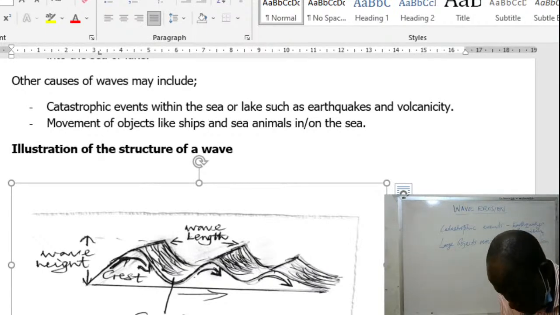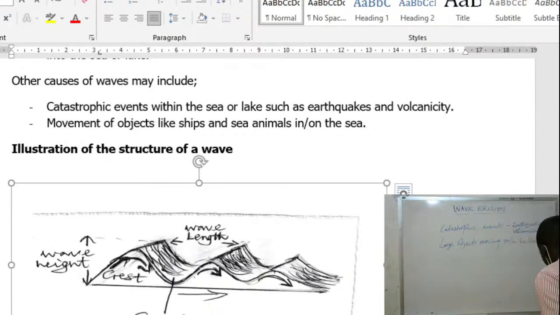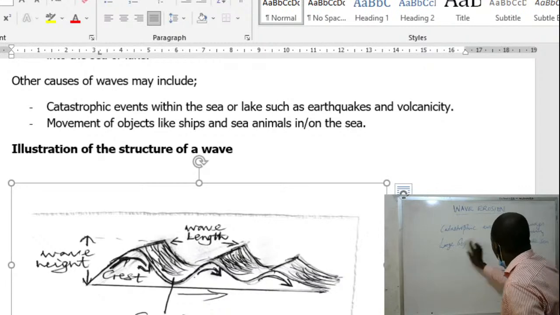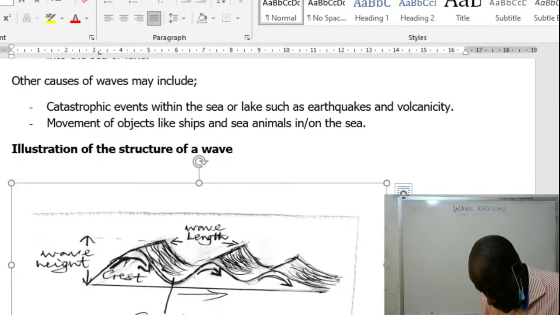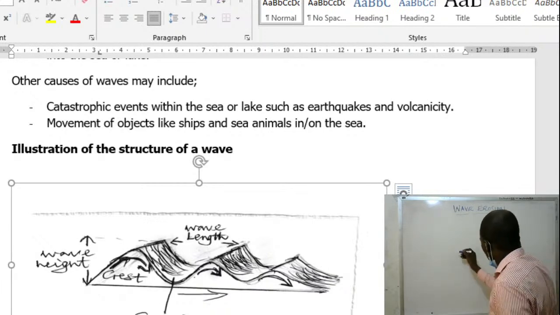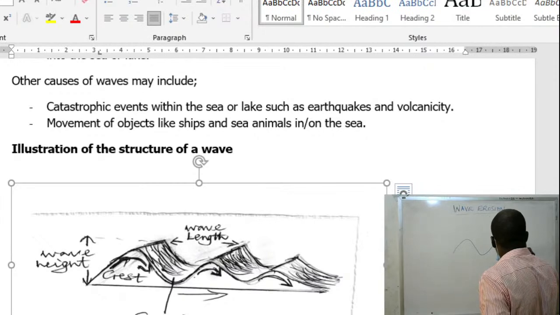Now, those that can access the notes, we have a simple illustration of the structure of a wave. Just have something in this nature.